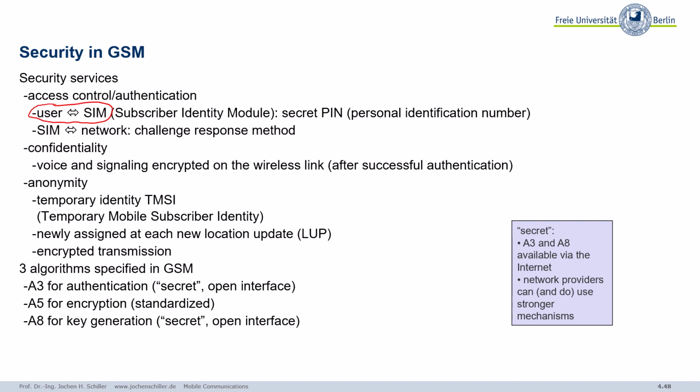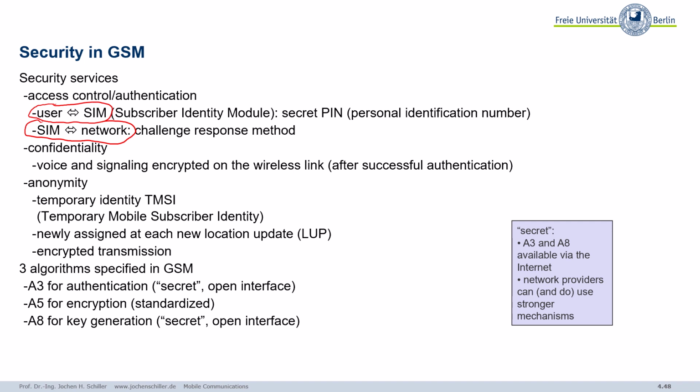So that's the authentication of a user against the SIM. And then the second step is the SIM against the network. Why not the device? Well, GSM separates the SIM from the device, which is important. The SIM, the subscriber, is important for the network operator because the subscriber has a contract.